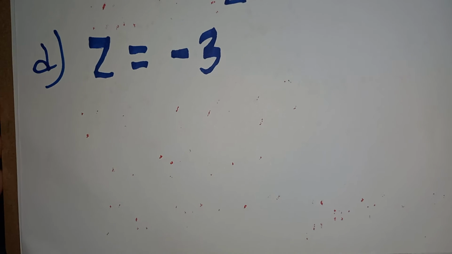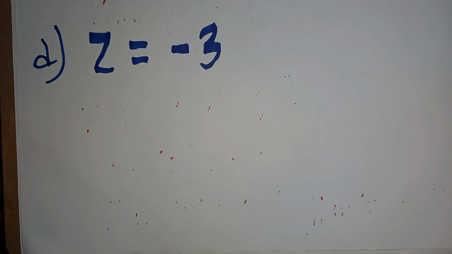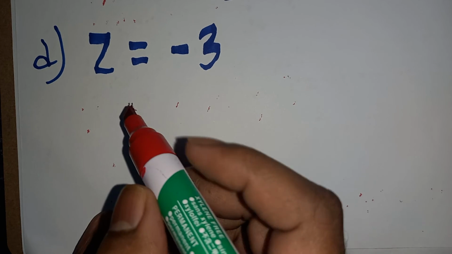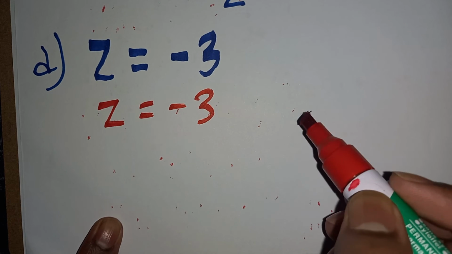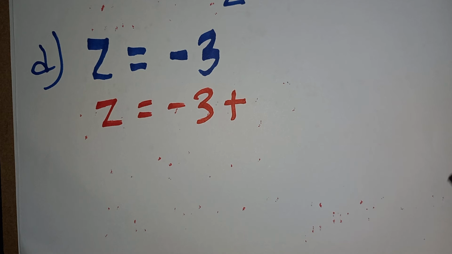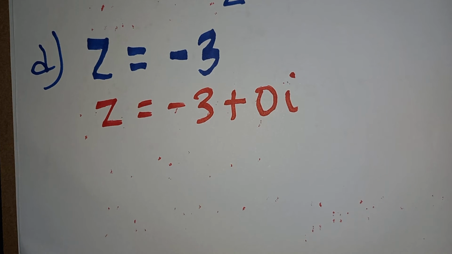Okay, let's move on to part D. Part D, we have z is equal to minus 3. Okay, so this time you can see there is only the real part, right? There is no imaginary part here, right? So let's rewrite this. This will be z is equal to minus 3, which is our real part, plus, now what is the imaginary part here? We have nothing, so that means it is 0i, right? 0i means nothing, right?